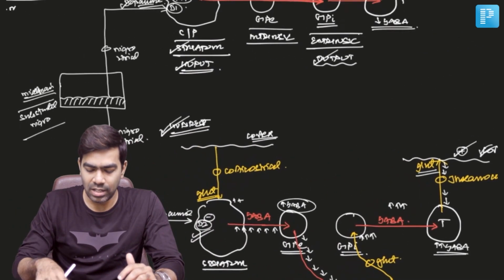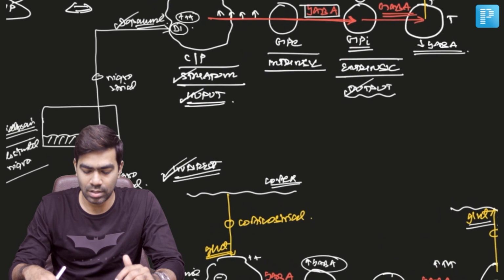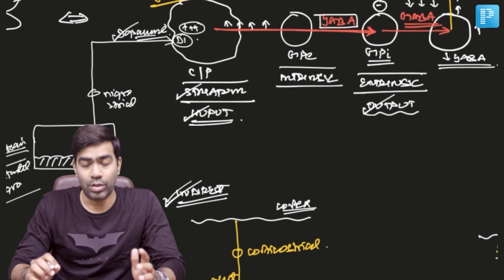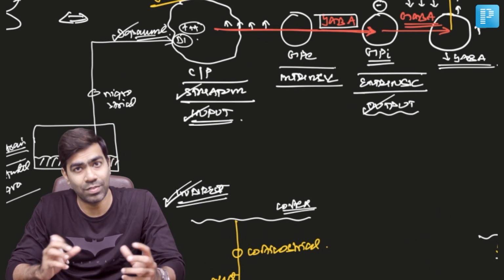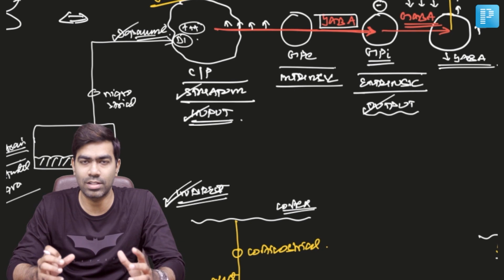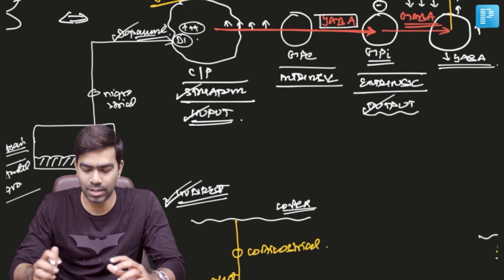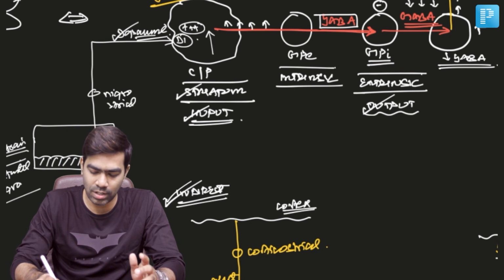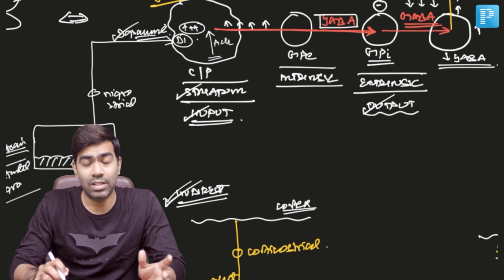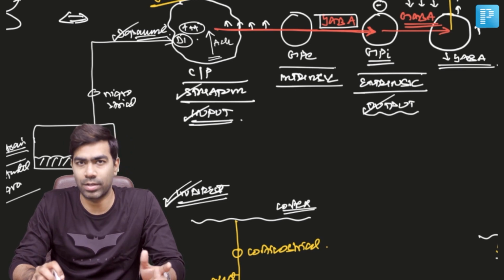And there is another modulating substance that is going to modulate the effects of direct and indirect pathway, and that's going to happen within the striatum, which means these neurons are intrinsic to the striatum, and these are cholinergic neurons, and precisely we can call them cholinergic interneurons that are present within the striatum, and they're going to release acetylcholine.